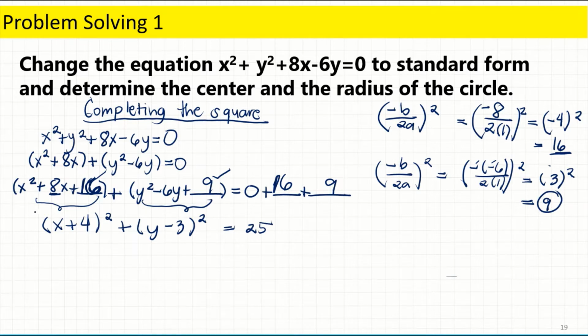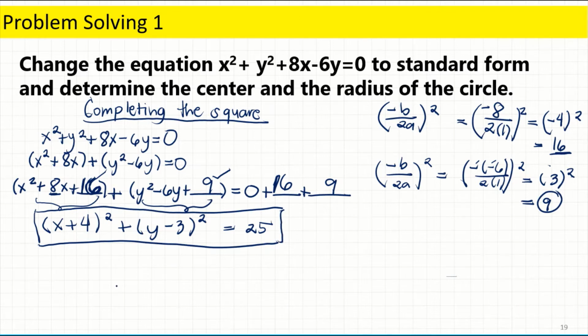And this time, our equation is in standard form. Since it is in standard form, we can now find the center and the radius. The center of the circle: if it is positive 4 here, it becomes negative 4. And for k, if it is negative, it becomes positive.